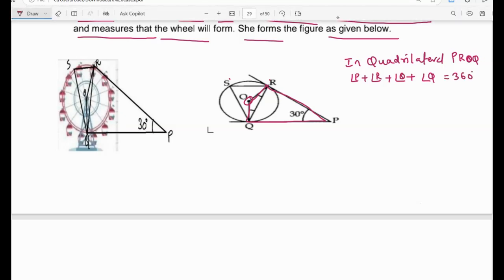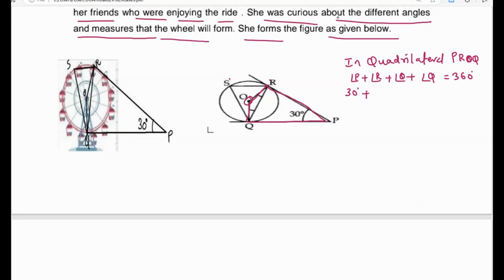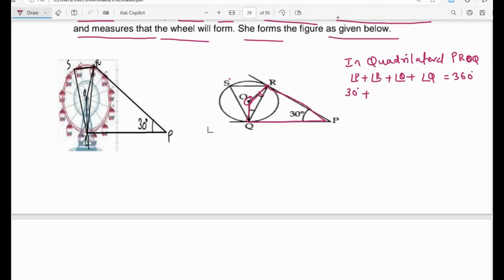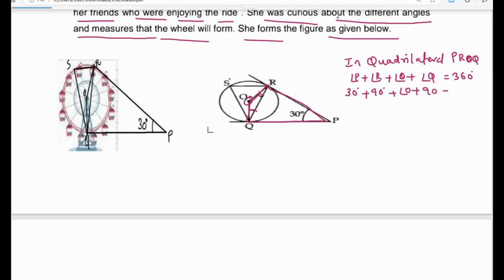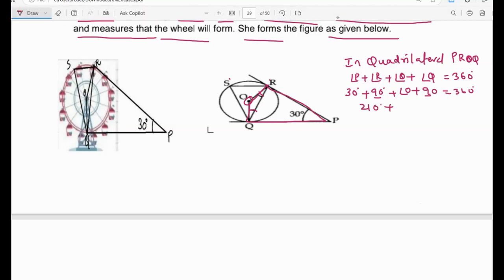So now this angle is given as 30 degrees plus these both are 90 degrees. R and Q are 90 degrees. Then O, this is also 90, is 360. So yeah, 90 plus 90 is 180. 180 plus 30 is 210. So 210 plus angle O equals 360.